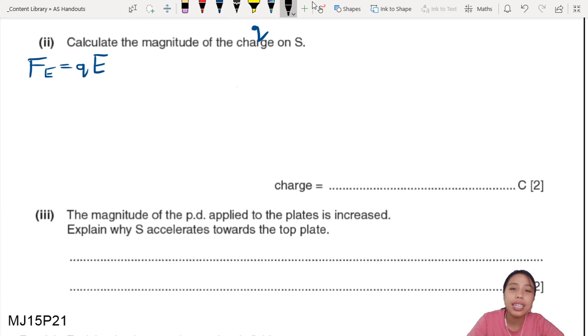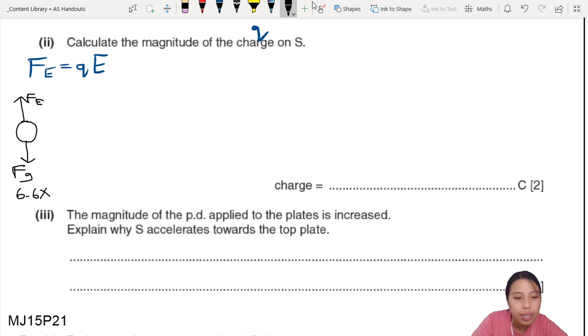They're all connected. So you need to remember, we talk about thing in equilibrium. So it has an Fe, which is the same magnitude as the gravitational force, which we found earlier, the weight of S in part B, which is 6.6 times 10 to the negative 14 newton. Oh, so we do have enough information.